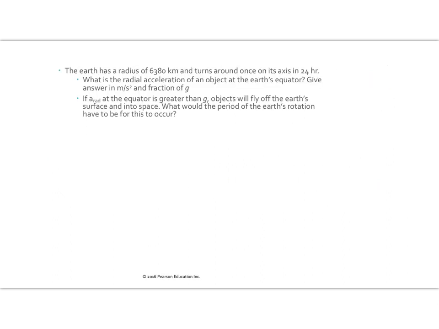And finally, we're going to look at a problem where we look at the Earth and think about the centripetal or radial acceleration of an object on the Earth. So we're told that the radius is 6,380 kilometers. I'm going to change that into meters, 6.38 times 10 to the 6 meters.